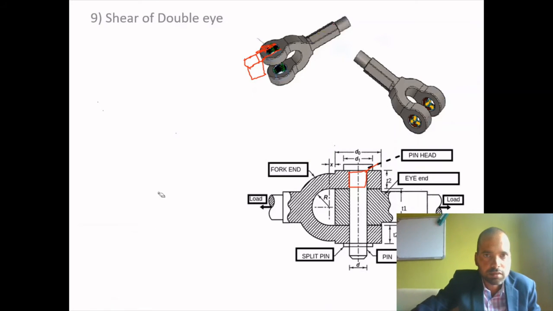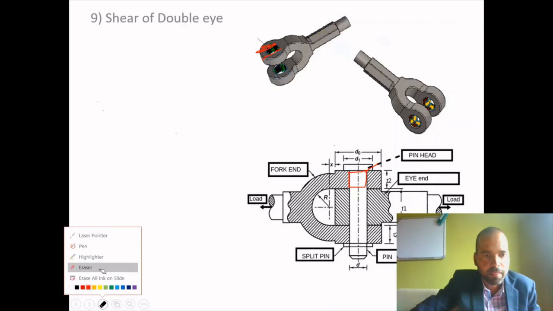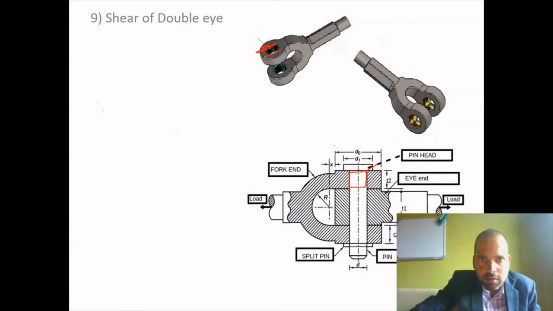If I draw it again, a component will be removed from here, the pin will try to come out of it, and a portion like this will come out, right?